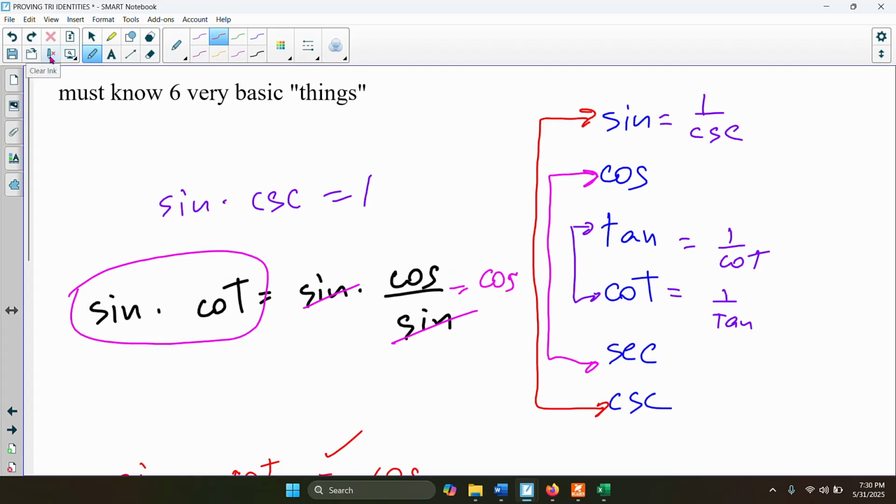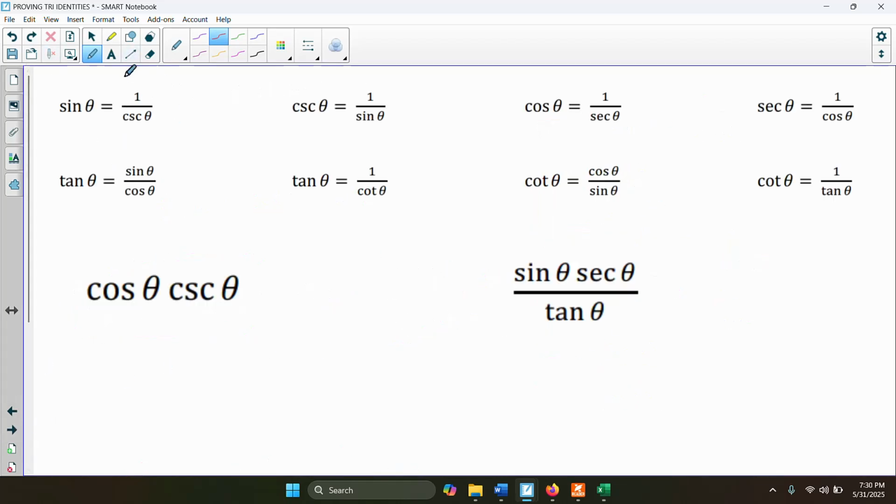Anyway, let's move on to one or two examples. So here we go. This is just a restatement of these same things. The quicker you become familiar with it, the better off you are. If you have to pull out a 3x5 card or look back at your notes to do these problems, you're not going to enjoy it.